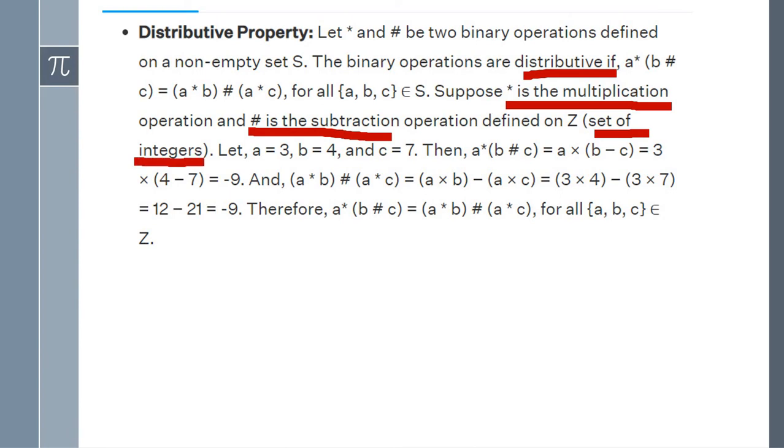These are three important operations in the set also. So A is 3, B is 4, and C is 7. So pagsulat na nato: 3 times (4 minus 7). 4 minus 7 is negative 3, times 3, so negative 9.